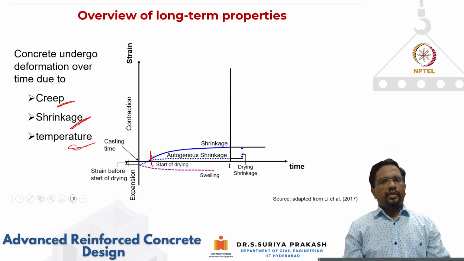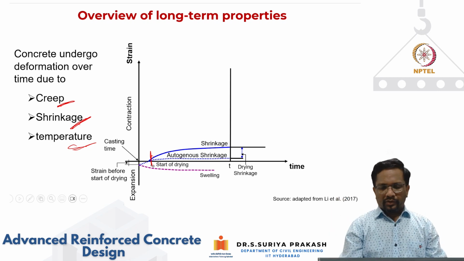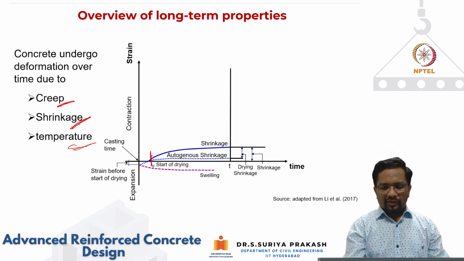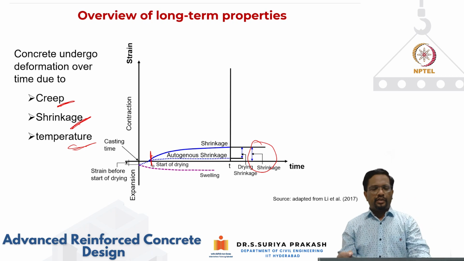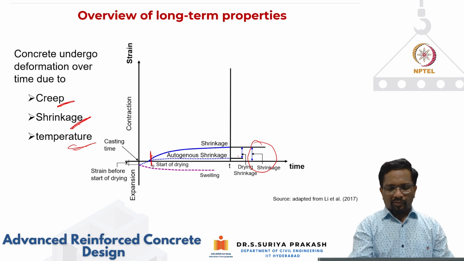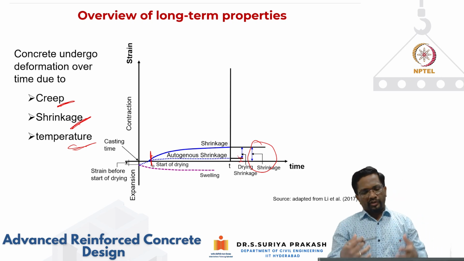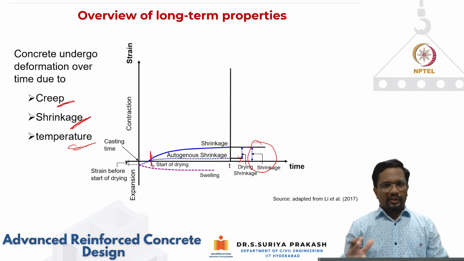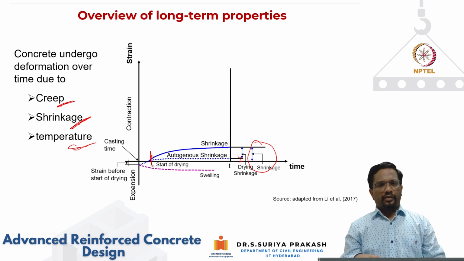Now t is the time at which we start applying the load. This is the total shrinkage, which is the summation of your autogenous shrinkage and drying shrinkage. Drying shrinkage is here, and the smaller value below is your autogenous shrinkage. The proportions of autogenous and drying shrinkage will change depending upon what type of concrete you're dealing with.